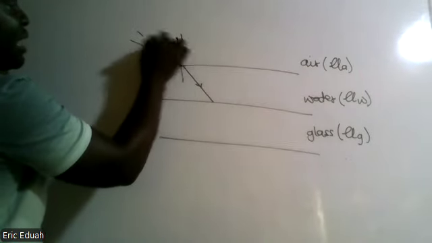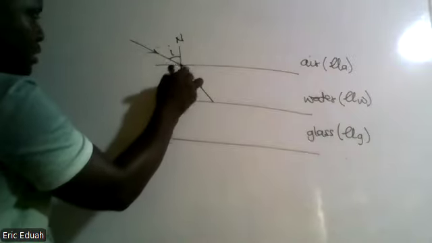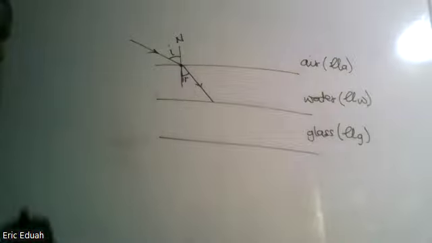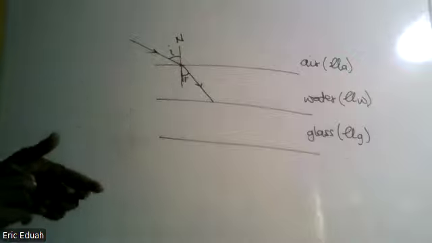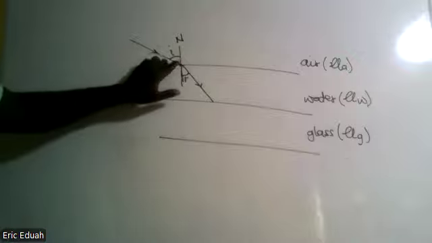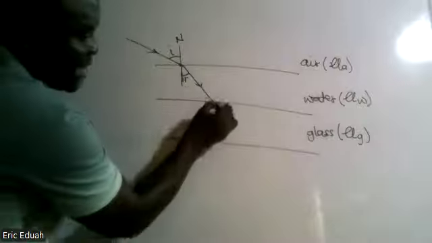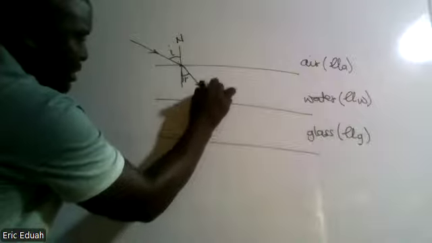This is angle of incidence I. This is angle of refraction R. So long as the light is propagated through water, it will not deviate. The moment it is about entering into glass, deviation.